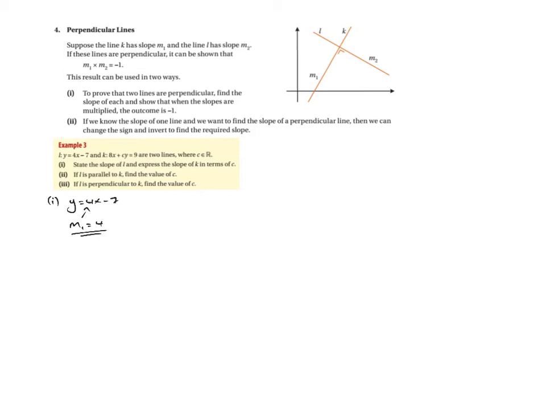Okay, let's have a look at the second one where we've got 8x plus cy is equal to 9. Now, what I'm going to do here is I'm going to take the 9 across. So I'm going to get minus 9 here is equal to 0. And I'm going to use the idea, remember, that for this particular form, ax plus by plus c is equal to 0.